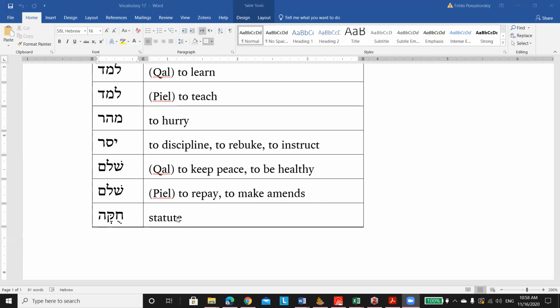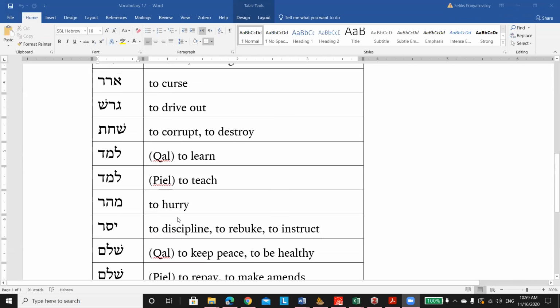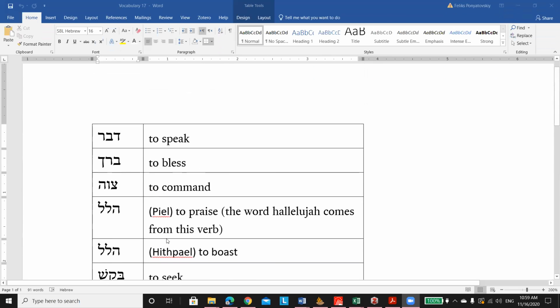And hukah is just a noun, it is not a verb. So I showed this to you in order to see the difference between different stems. In some stems, the meaning could be different, and we need to consult the dictionary in order to be sure what the meaning of the verb is.